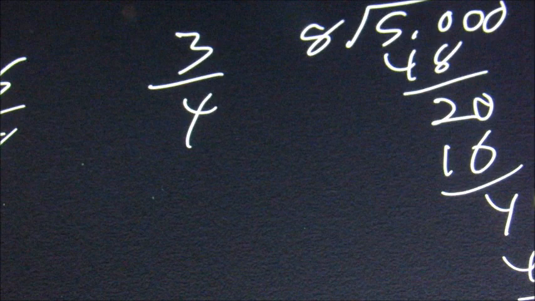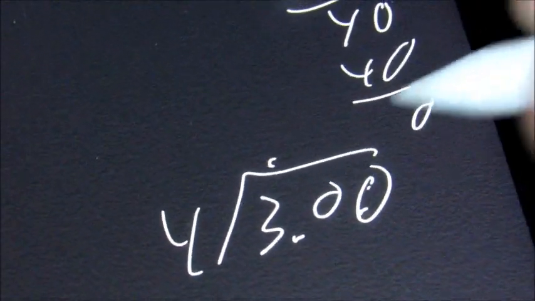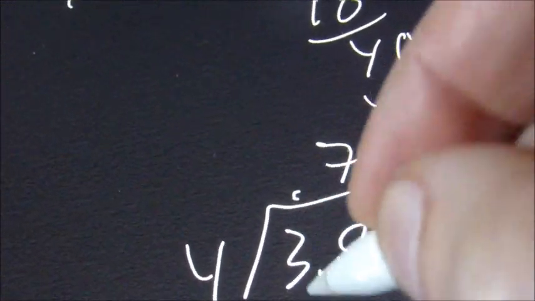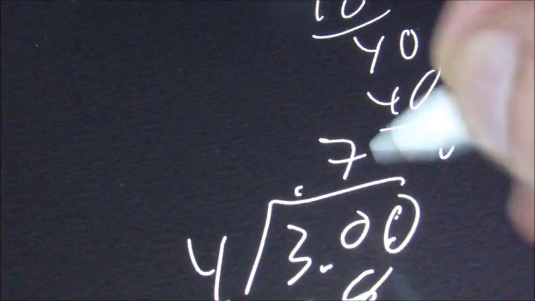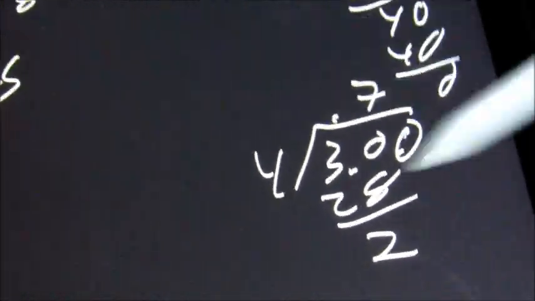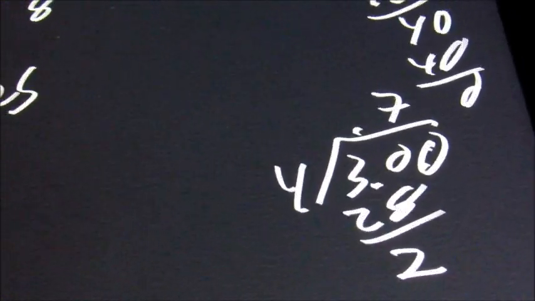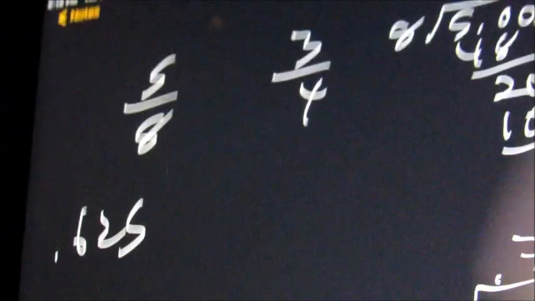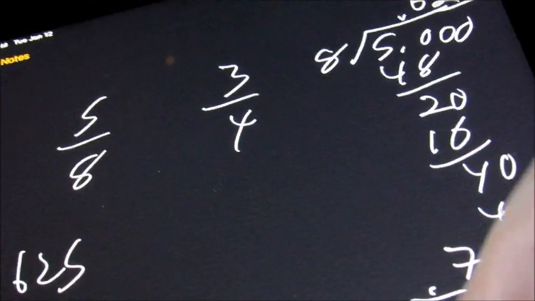4 will go into 30 7 times. 7 times 4 is 28, with a 2 remainder. Now here, notice that I have a 0.6 and a 0.7. I don't need to keep going, even though I could, because I know that 0.7 is bigger than 0.6, so I know that the answer here is going to be less than.